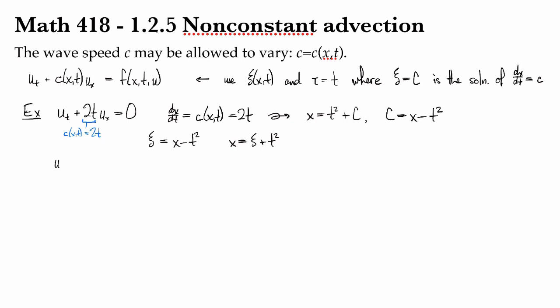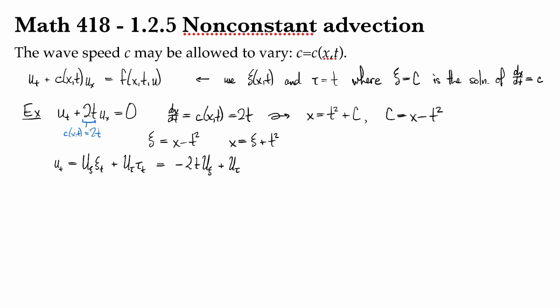So let's see how this works out now. If I have the time derivative of u by chain rule, that's going to be u_xi xi_t plus u_tau tau_t, and so in this case, for the xi that we have, this is going to be minus 2t times u_xi plus u_tau.